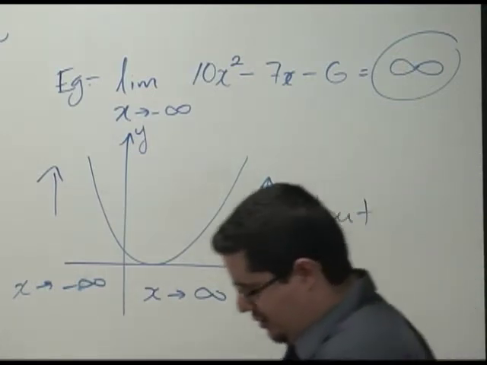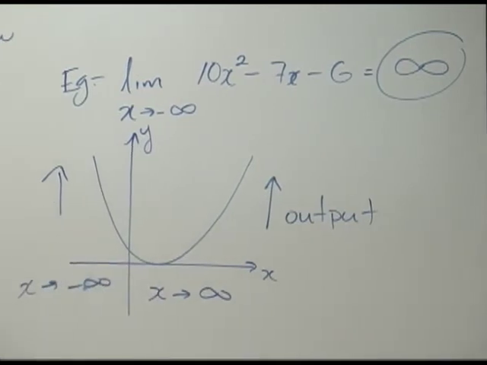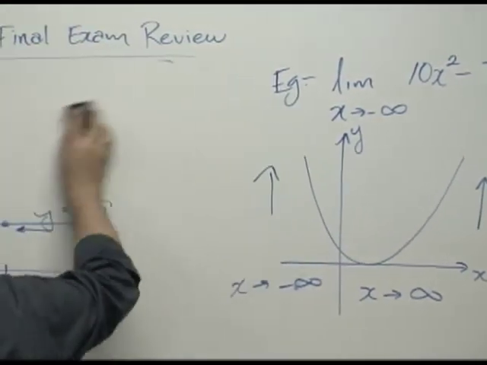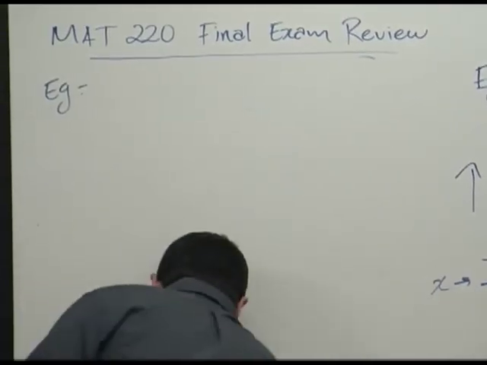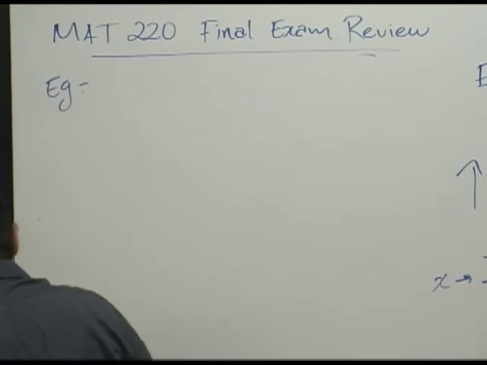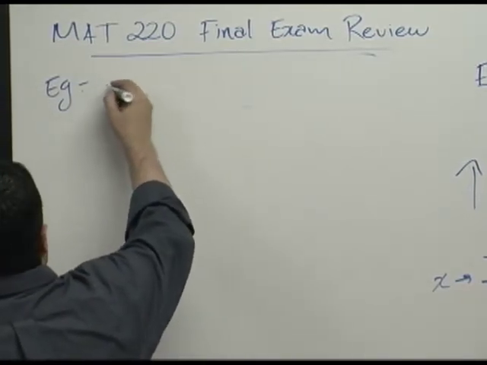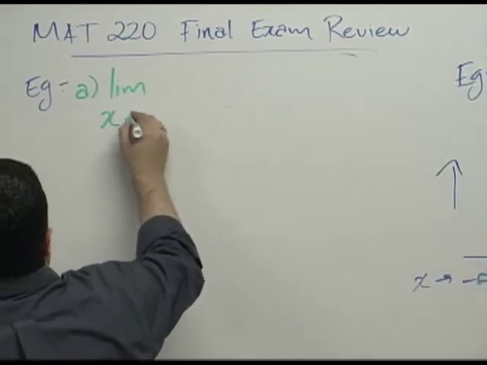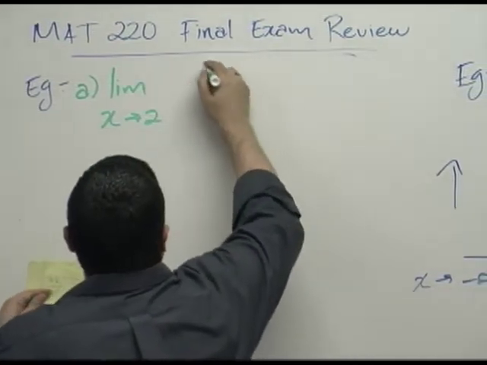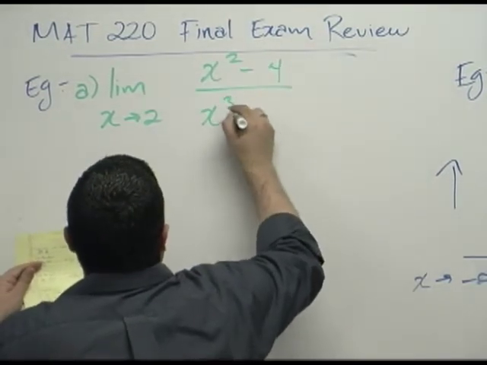All right, so here's another example. We're finding limits here, so in this case, you compute the limit as x goes to 2 of x squared minus 4 over x cubed minus 8.